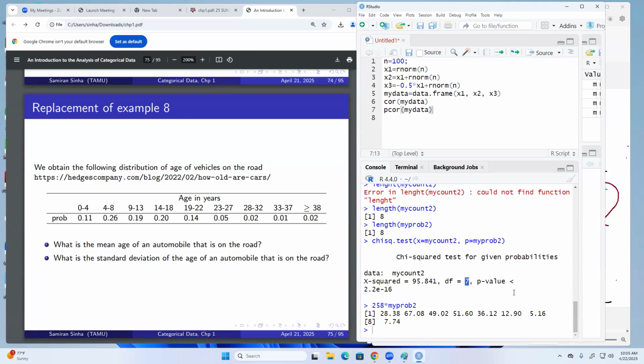Because there are 8 categories, and the number of categories minus 1 is the degrees of freedom. The p-value is still very small, so you still reject the null hypothesis. Conclude that the data do not follow the US automobiles age distribution; the underlying age distribution is different from what is specified.